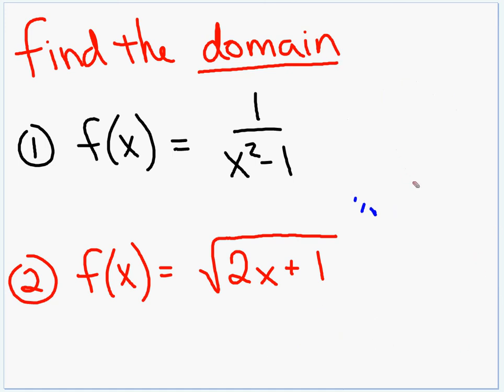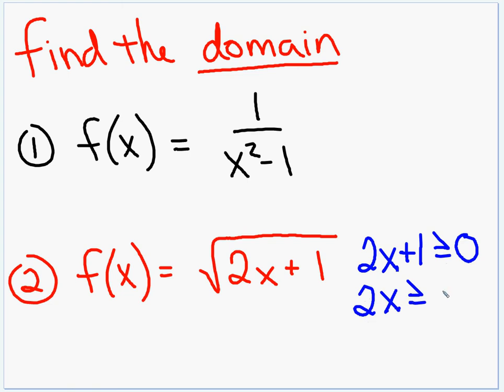Now when you see a radical and they ask for the domain, make sure it's an even radical, and then I'm going to take what's under the radical, 2x plus 1, and set it greater than or equal to 0, because what's under a radical must be positive, and zeros are okay too. So if I solve this for x, we're going to subtract 1, subtract 1, divide by 2.